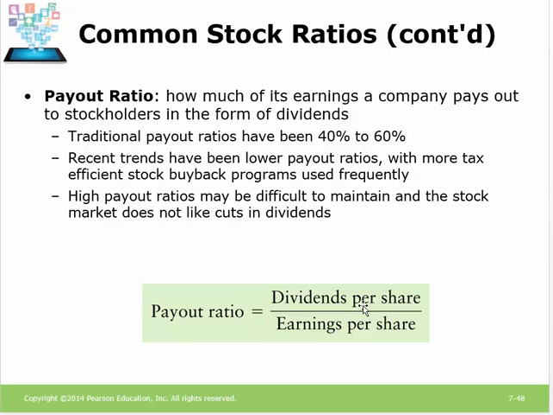As they say up above here, the traditional payout ratio is typically somewhere between 40-60%. Some companies are going to be much lower. There aren't a whole lot of companies that will be a lot higher, but companies are trending towards slightly lower payout ratios, and they've been substituting those lower payout ratios with repurchasing of stocks. So that is a current trend in companies.